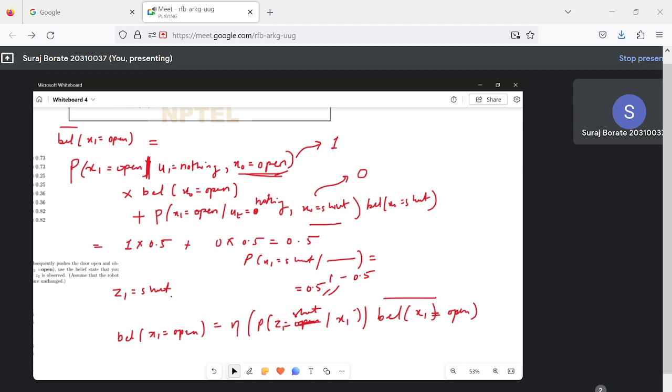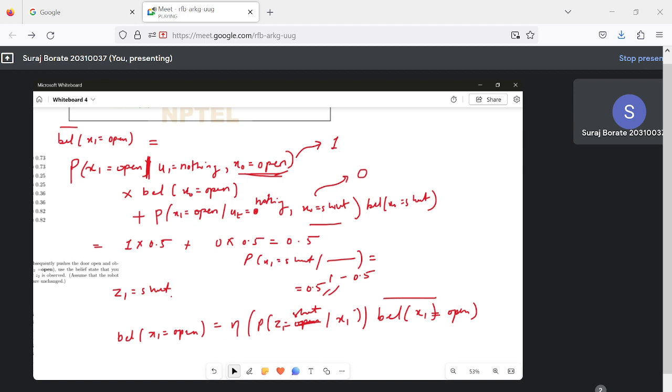So this was x1 equal to open, and this is x1 equal to shut. This is written in a clearer font than my handwriting in the slides, but ignore my handwriting for now. So belief of x1, the prediction x1 is equal to shut.